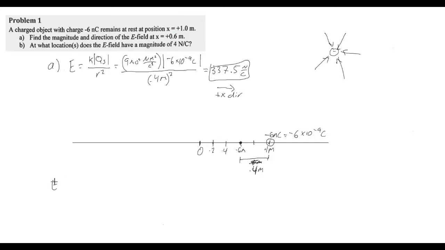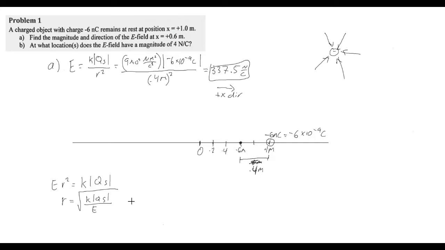So you've got E R squared is equal to K Q source, and solving for R, we get the square root of K Q source over E.